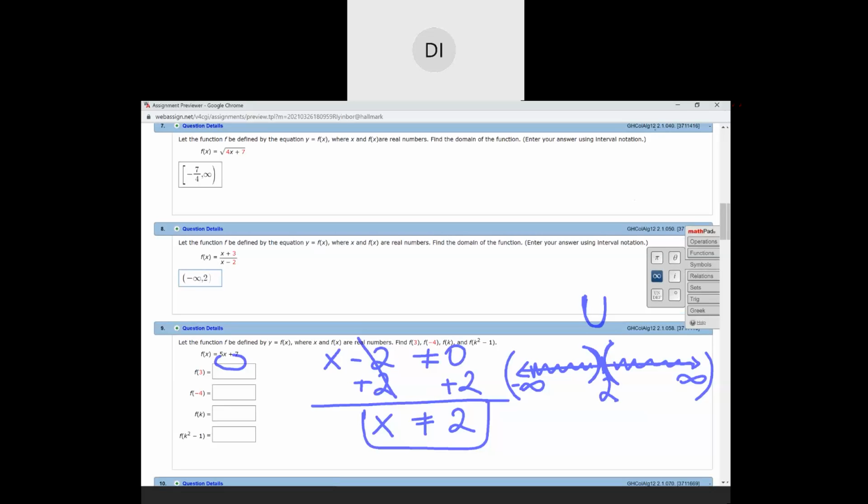And after I close the parentheses, I'm going to go to sets, and that's where you have the union symbol. It's not the letter U on the keyboard, it's union. And then you're going to do another 2 to infinity, and then close the parentheses. So that's how you're going to answer your domain for number 8.